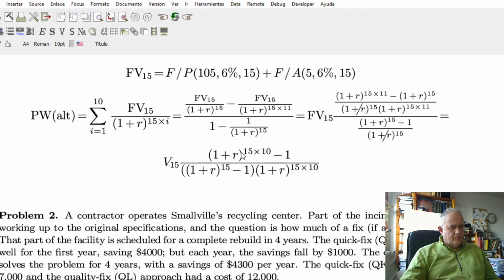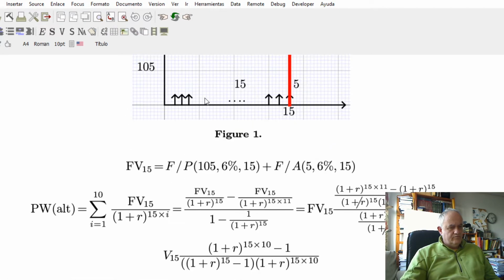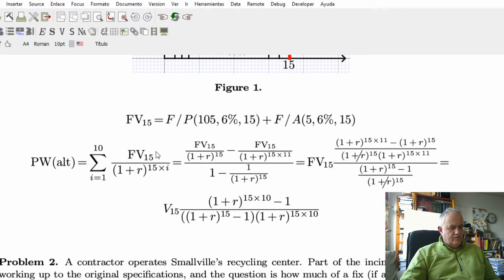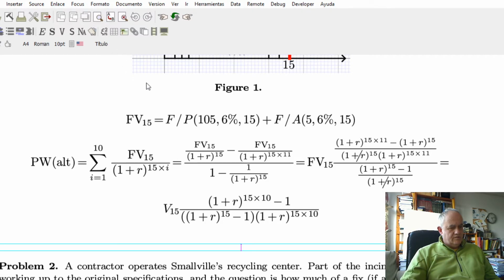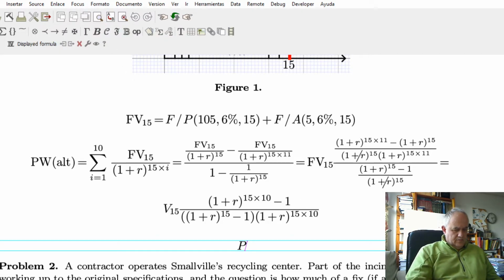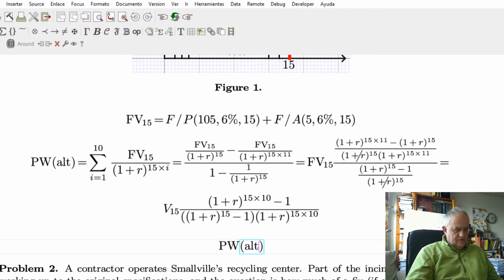Let's obtain the present value of, I will follow now this expression, P, present worth of alternative initial.